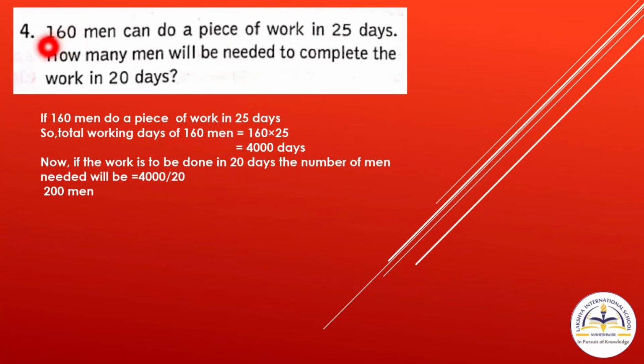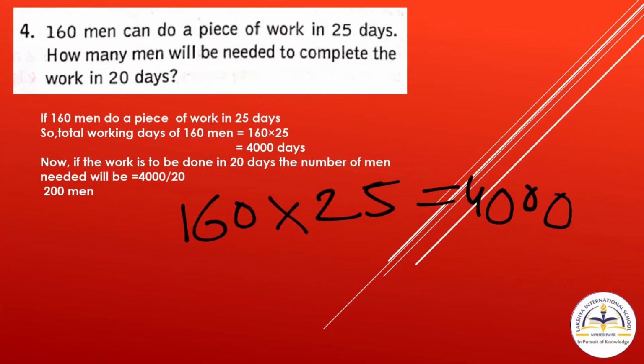Now question number 4. 160 men can do a piece of work in 25 days. How many men will be needed to complete the work in 20 days? First we will see the total working days needed for 160 men, that is 160 multiplied by 25, which gives 4000 days.